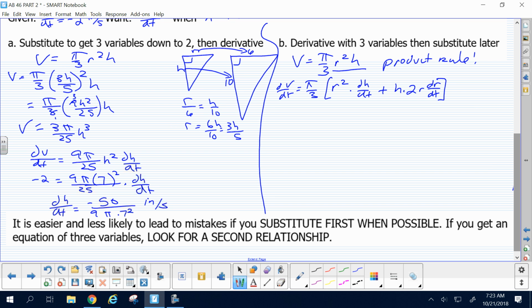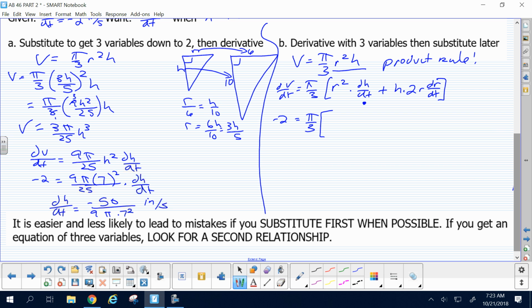Now at that point, I see what I want in there. It's kind of buried, but it's right there, dH/dt. And I have a lot of stuff to substitute in for. That's going to involve the similar triangles. dV/dt, you know, it's easy enough. You can put negative 2 in there, and pi over 3 is cool. But the r and the dr/dt, not so obvious and not given.